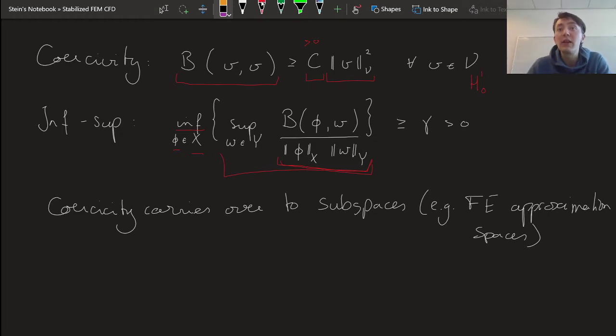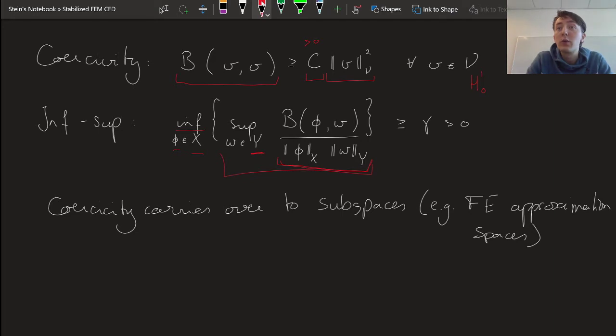So that means that that relation must be satisfied for all, or must be able to be satisfied for all, functions w in y for all functions phi in x. Yeah, so that already indicates that there has to be a very strong relation between the spaces x and y. For every possible choice of function phi, I need to be able to take the gradient, and that gradient needs to lie in y, right, in the function space y.